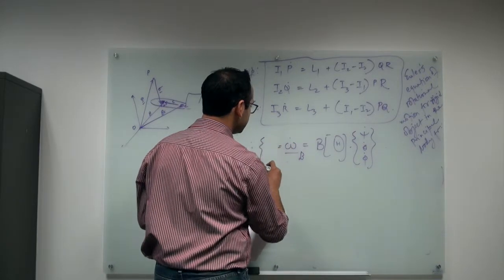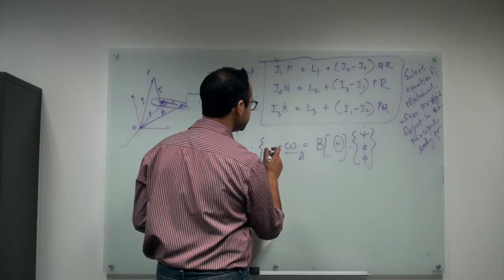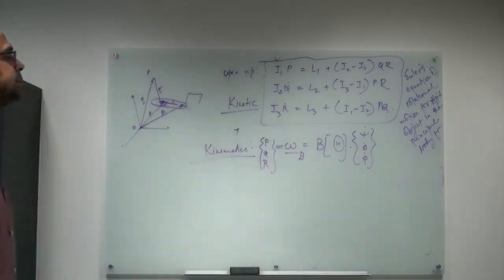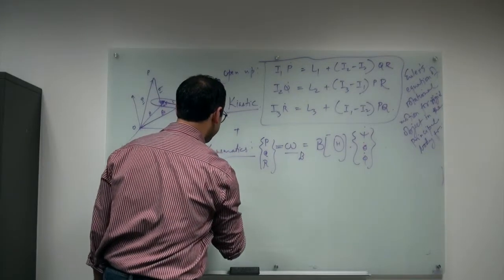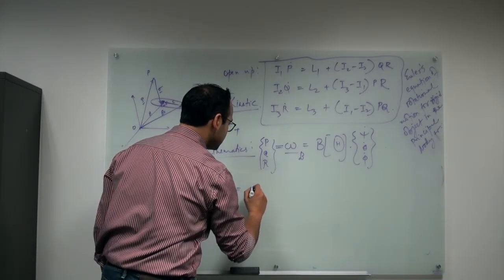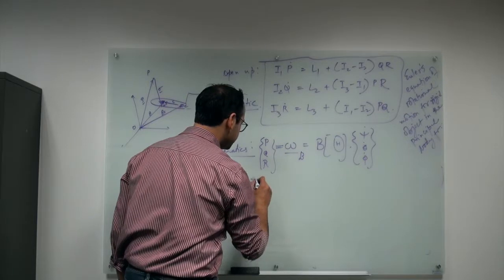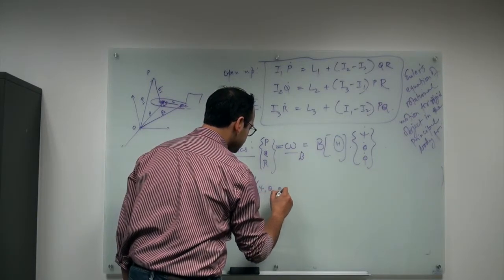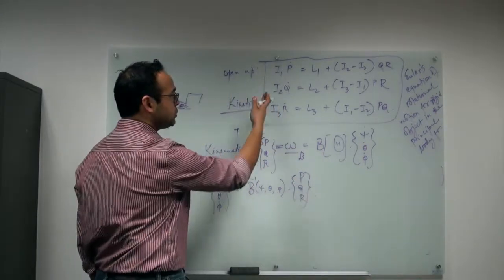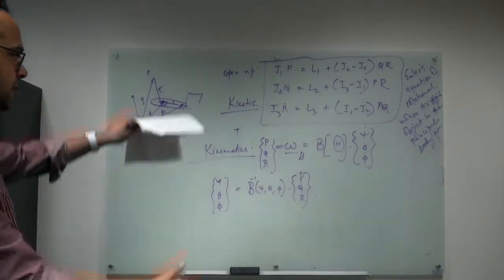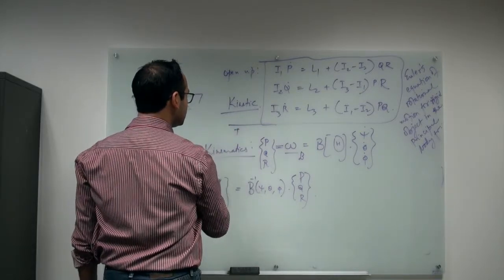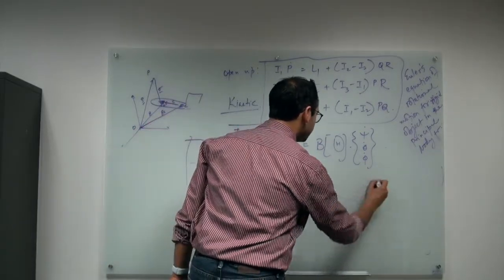I'm sorry, this is not omega dot, it's omega, it's equal to that. So when you invert this equation, you get psi dot, theta dot, phi dot is equal to B inverse times PQR, where PQR have been obtained by integrating those equations. Right? So you have to solve this simultaneously, of course. So here's the kinetic equation of rotational motion, and here's the kinematic equation of rotational motion.